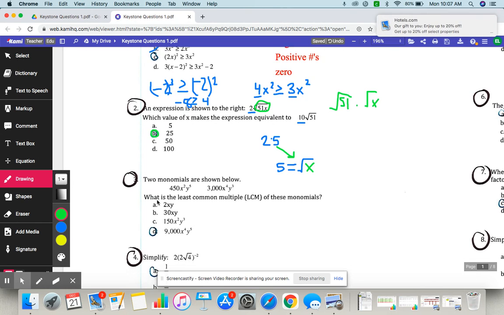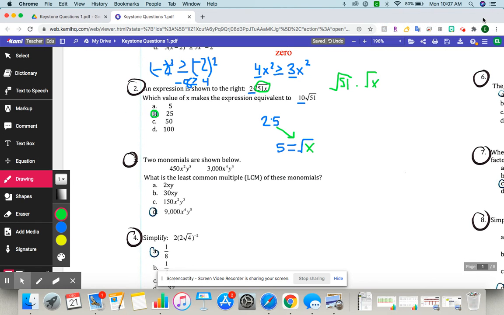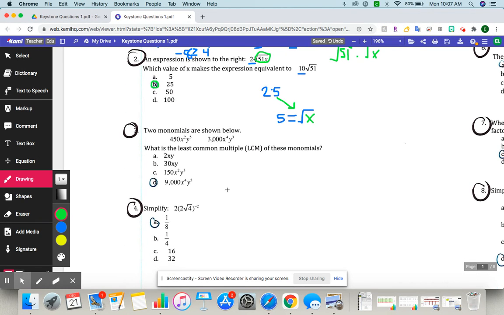In number 3, we are looking at the least common multiple of these monomials. So as I've said before, a least common multiple, or just a multiple, has to be greater than or equal to either term.